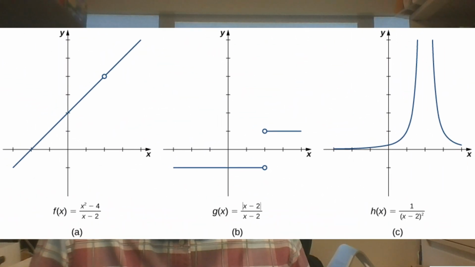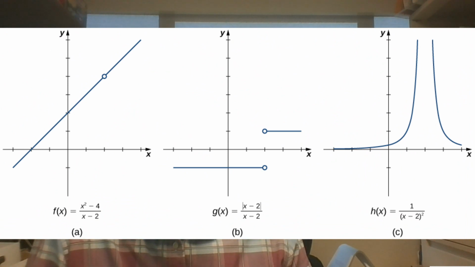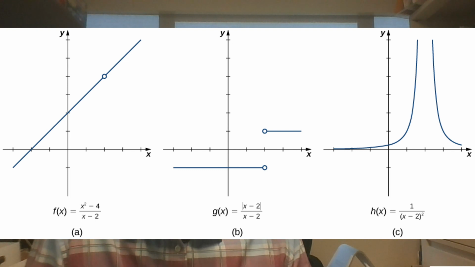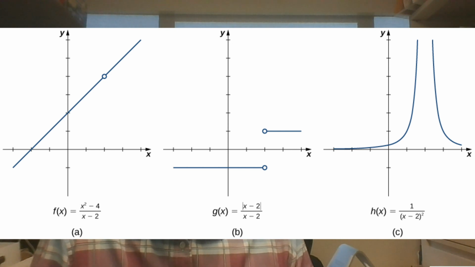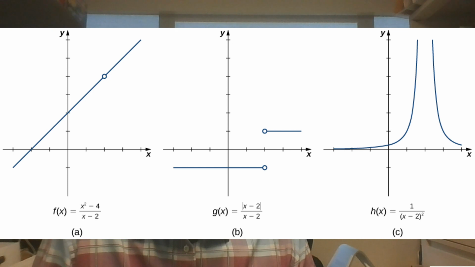Now once we've established the idea of limits, we will find limits graphically. In this particular example, the first graph on the left here has a limit, even though the function is not defined at the particular point. The second function does not have a limit, because if you approach from one side and you approach from the other side, you're going to get two different points.